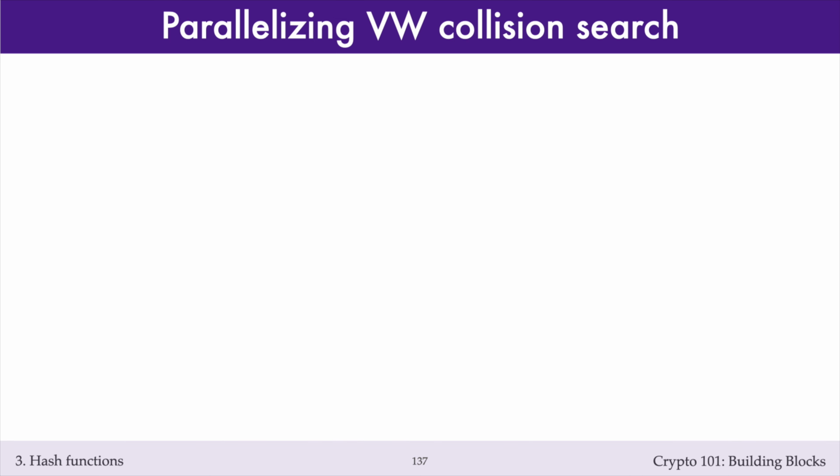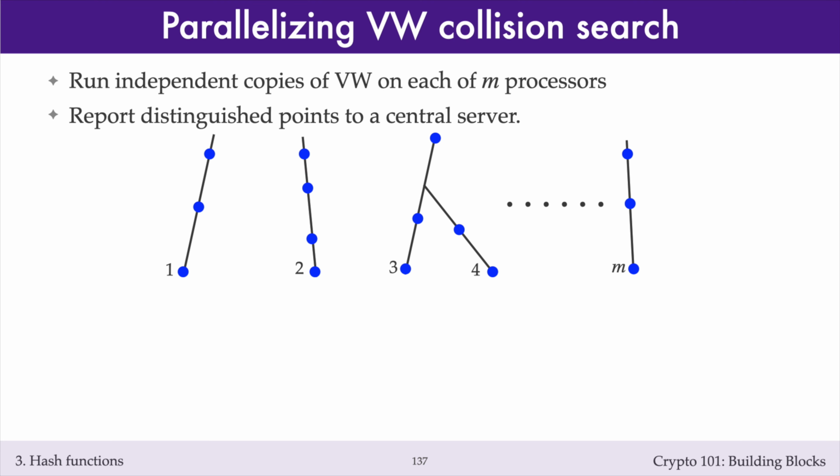Even though 2 to the 64 hash evaluations is a feasible amount of work, it's still infeasible to execute on one computer. And so we need to confirm that VW can be effectively parallelized. And indeed it can. Suppose we have m processors available to us. We could run a copy of the VW attack on each of the m processors.